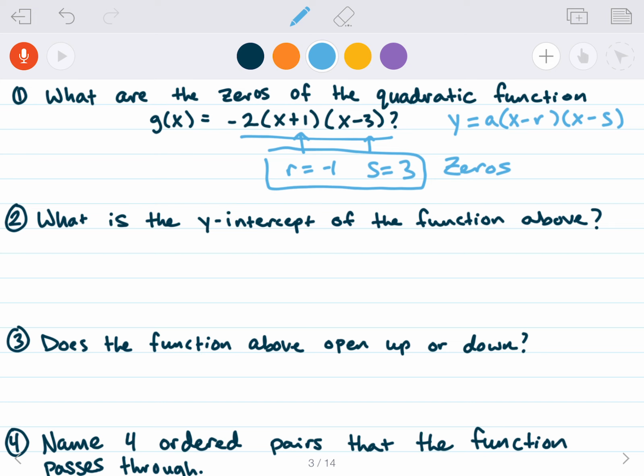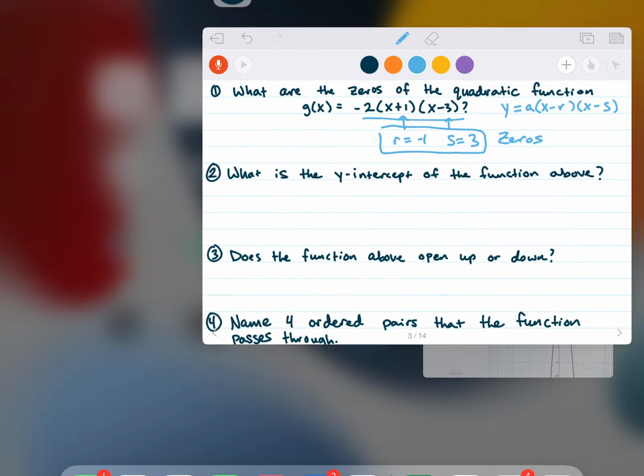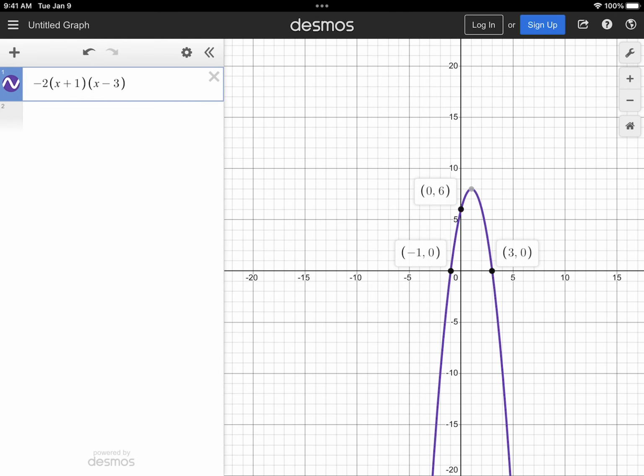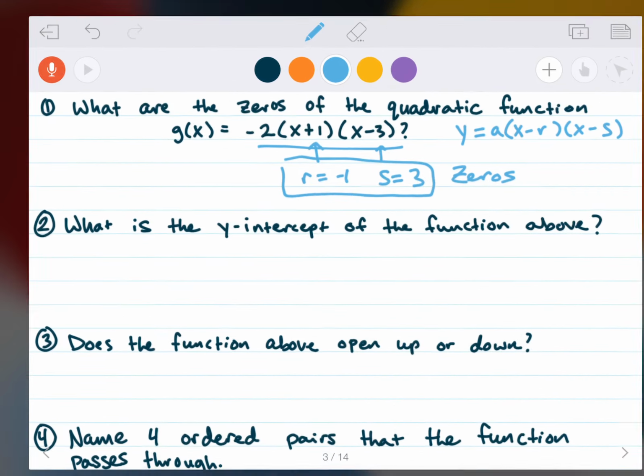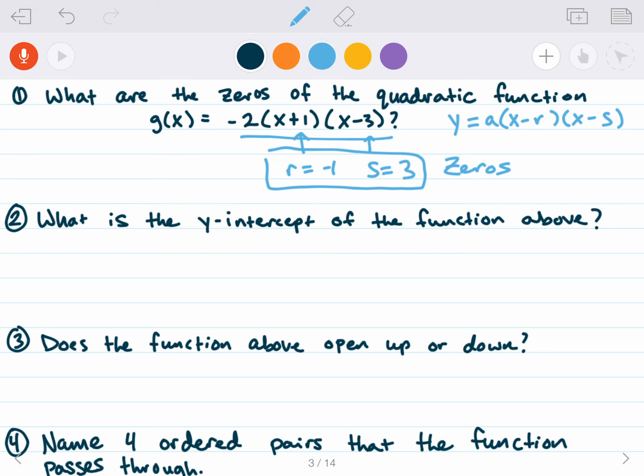What is the y-intercept of the function above? Well, we can check this with Desmos if we wanted to. If we click on the y-intercept where it crosses the y-axis, we can see that it's 6. Another way we can do this is we can plug in x equals 0, because that's the definition of a y-intercept. When x is 0, what is y?